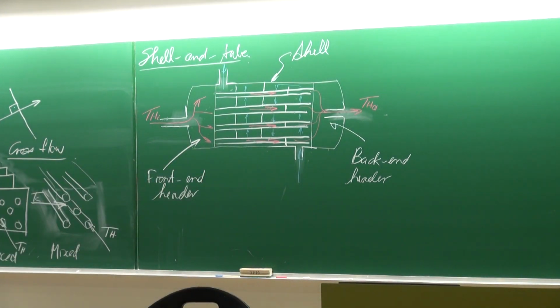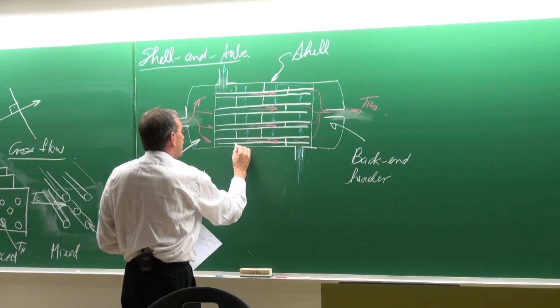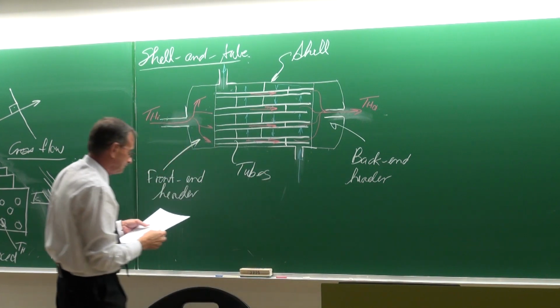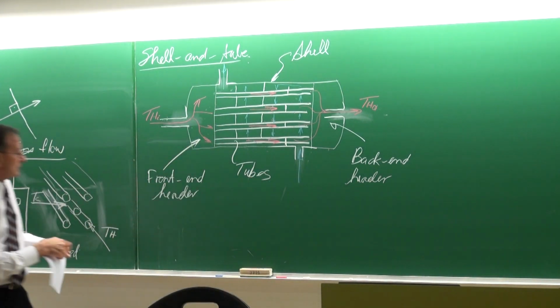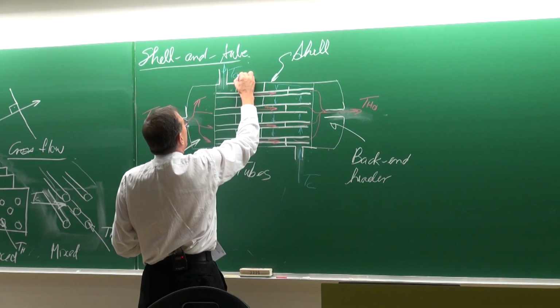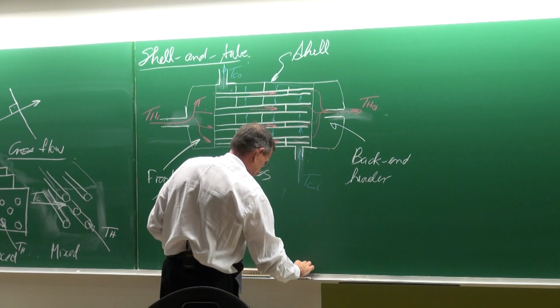Okay? So that is called a shell and tube heat exchanger. Of course, that is the shell, and these are the tubes. Let's just put in the TC outlet and TC inlet.